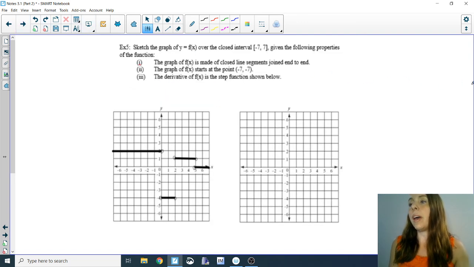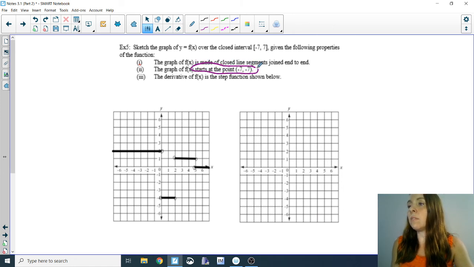Finally, example 5, we are going to do the same sort of thing we just did, only backwards. It says sketch the graph of y equals f of x over the closed interval from -7 to 7, given the following properties of the function. First property, the graph of f of x is made of line segments joined end to end. Second thing, the graph of f of x starts at the point -7, -7.